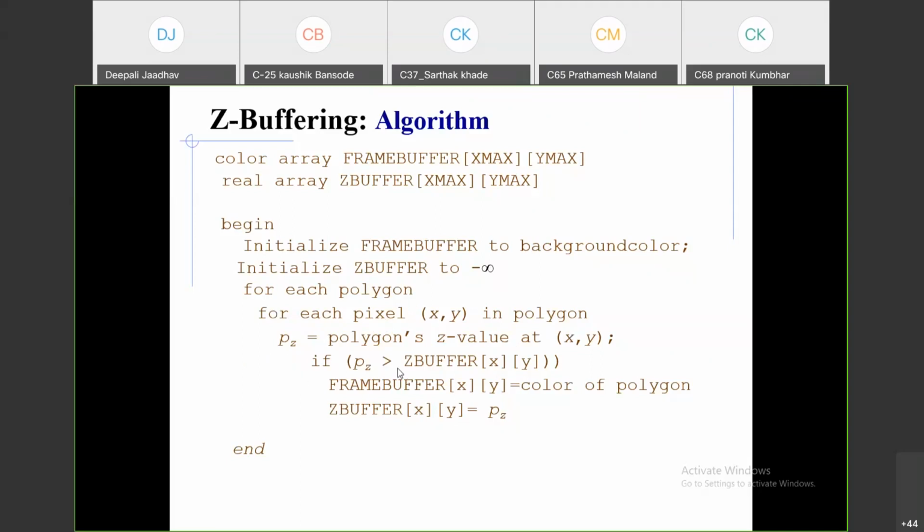If this z value is greater than whatever is already in the z buffer, not always minus infinity, it may be some value already in the z buffer, then the color of the polygon is assigned to the frame buffer and that z value pz is stored in the z buffer.